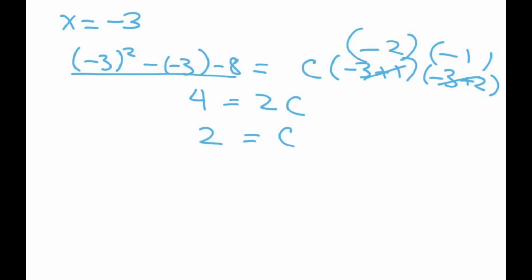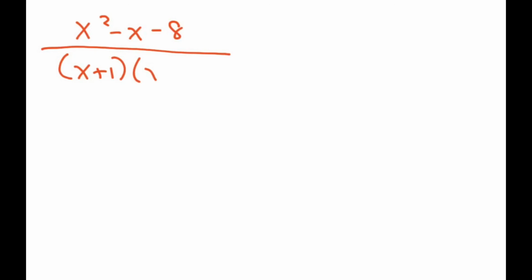And again, so my c is 2, and my a was negative 3. And what else did we have? Our b was 2 as well. So just plug all that in, and you're going to get x squared minus x minus 8 divided by, let's go back to our original, because that's how they gave it to us.